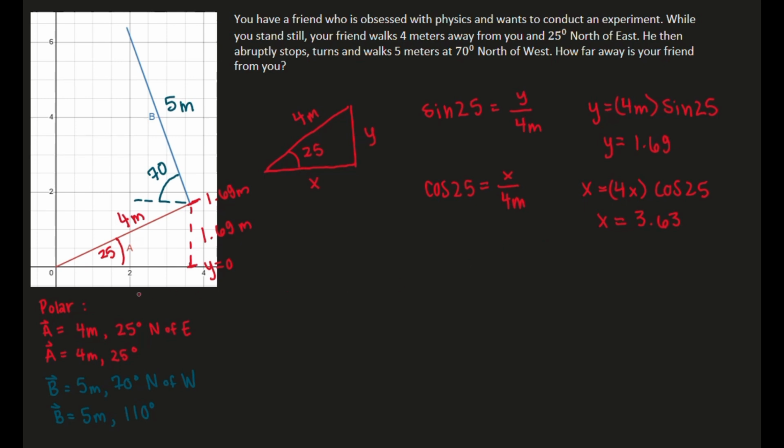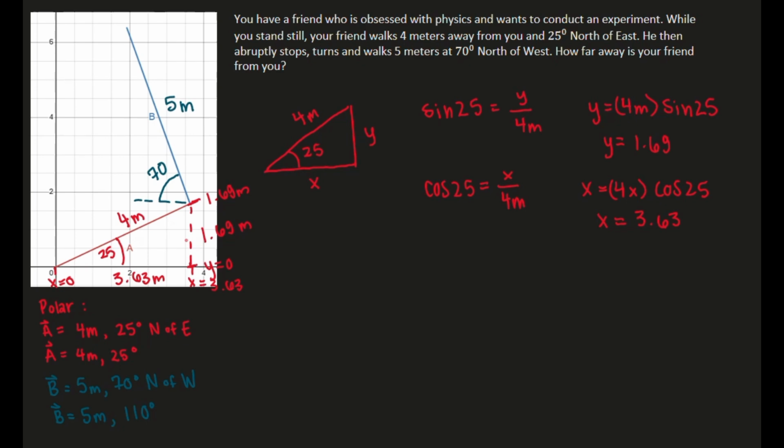And that tells me that this distance, so this length here, is 3.63 meters in length. Since this is at x equals 0, this has got to be at x equals 3.63. So that gives me both of my components for this vector.